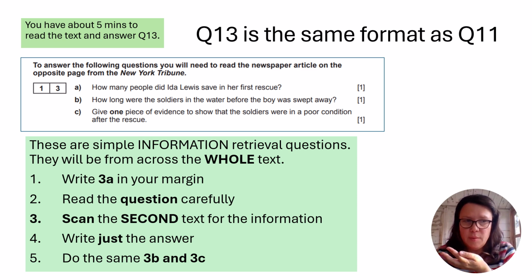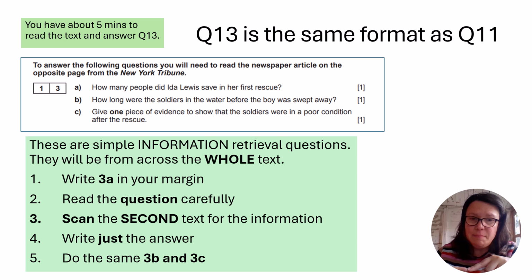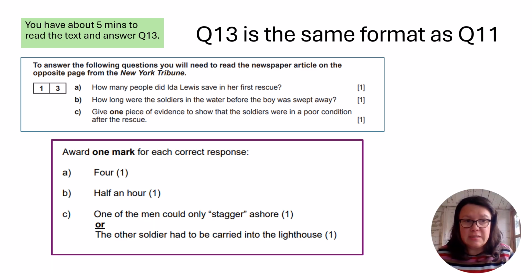You write the question number in the margin, read the question carefully, scan for that information and simply write the answer. Unlike on component 1, where your 1-mark questions need to be written in sentences, that isn't the case for question 2. You can simply write, if they're asking you for a number, you write the number 4. If they're asking you for how long it takes, you write how long it takes. So make sure you're doing that because that will save you a ton of time.